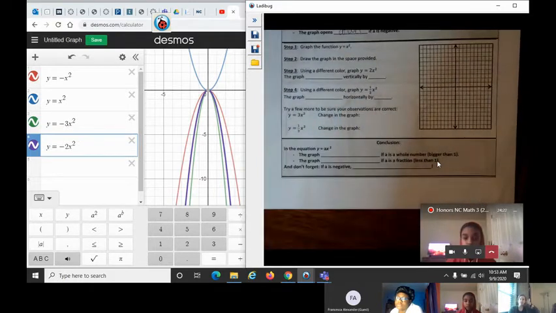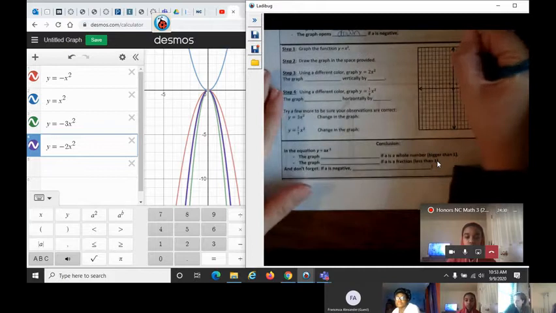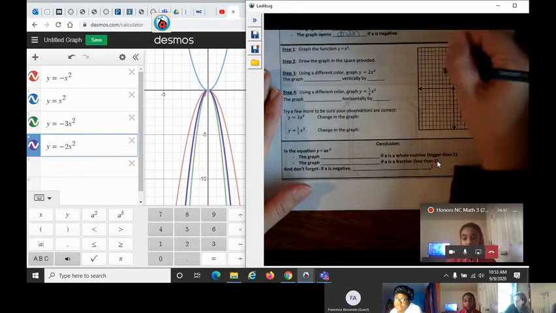Okay, so then it says the graph of the function. Oh, so it asks us to graph this again. Graph it for the 100th time. All right, so there's our original, y equals x squared.